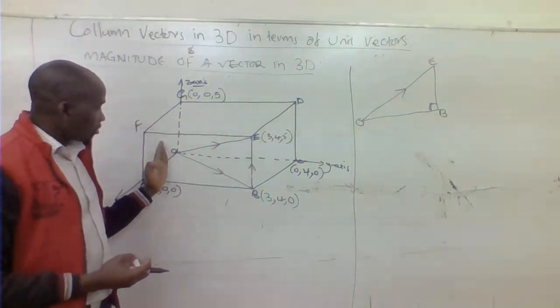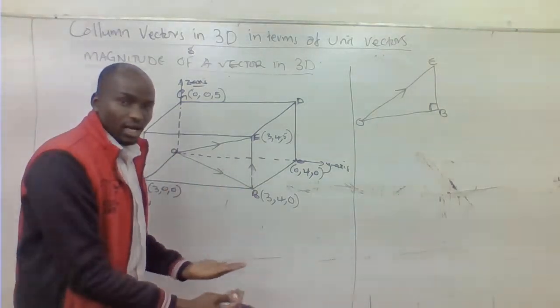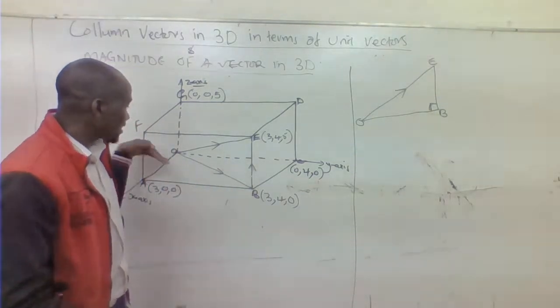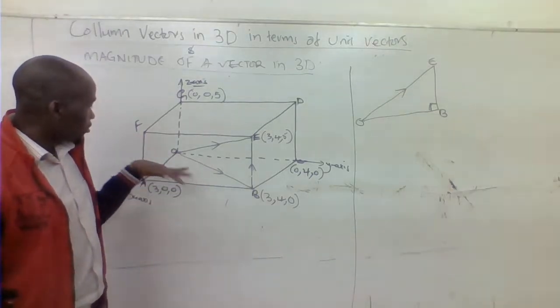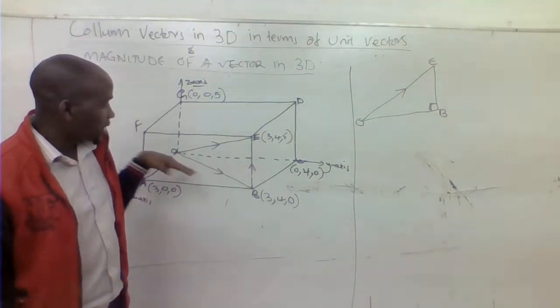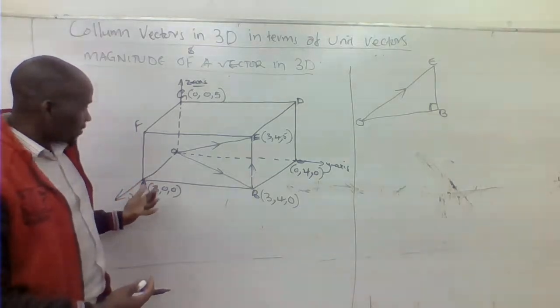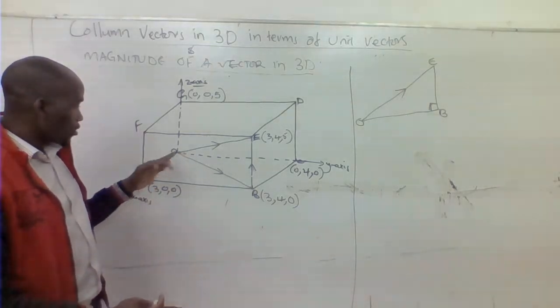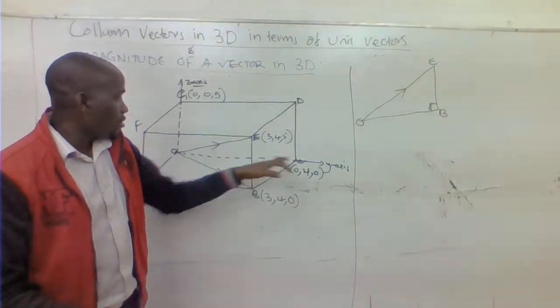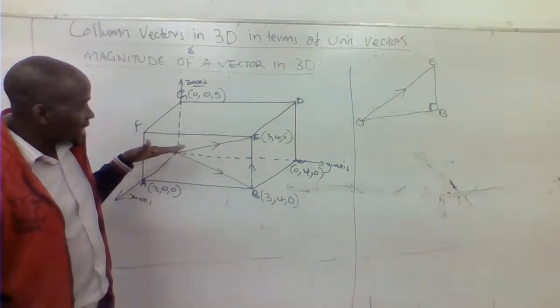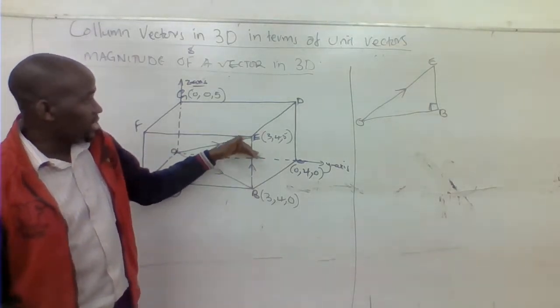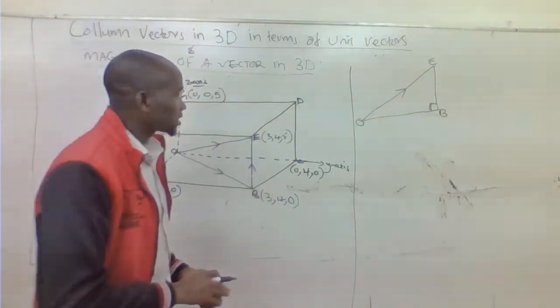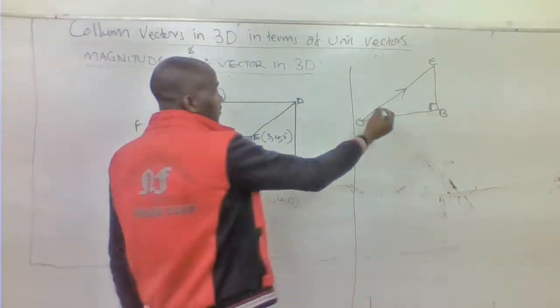Now remember this line OB, it is lying on the plane, on 2 dimensions. That given plane, it is the diagonal OB of this given plane OABC. So you have now right angled triangle OBE, and I have removed it here so that you can understand it better.